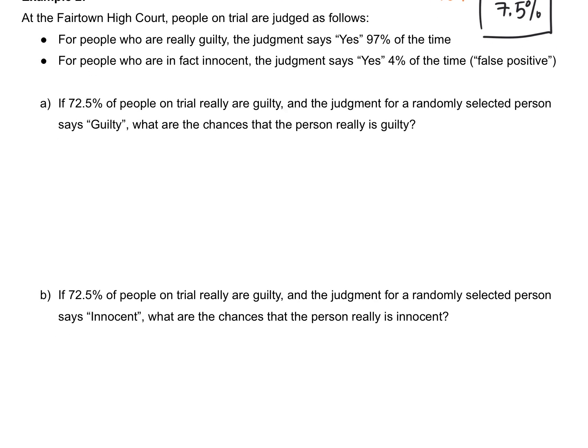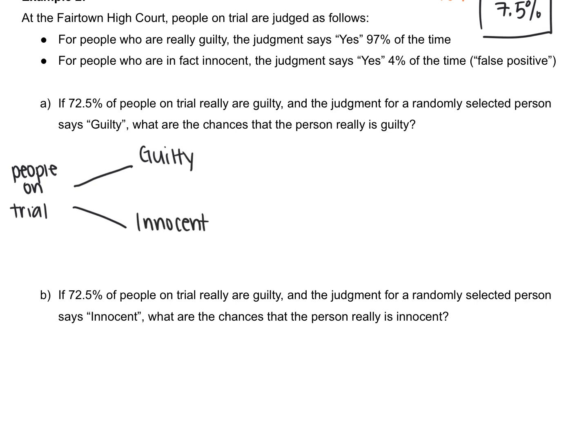So let's start by creating our tree diagram for this situation. So our population here is people on trial. And there are two outcomes. You can either be guilty or innocent.